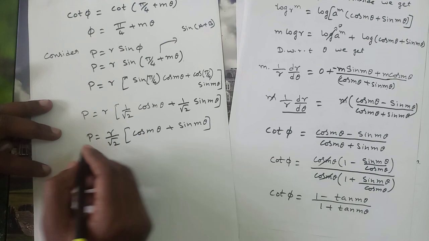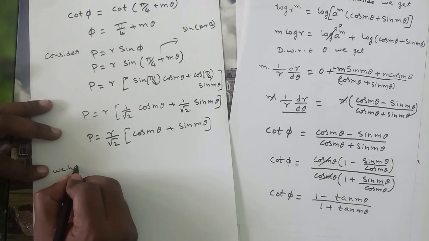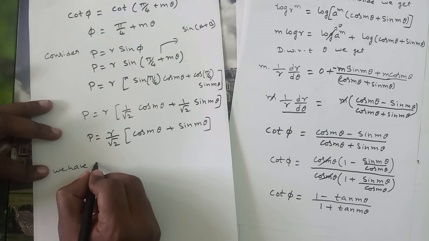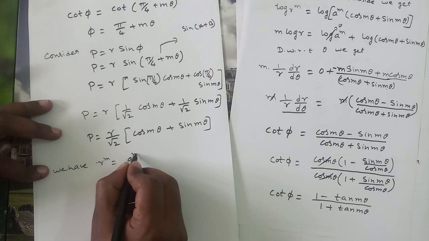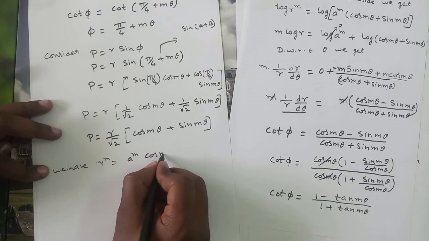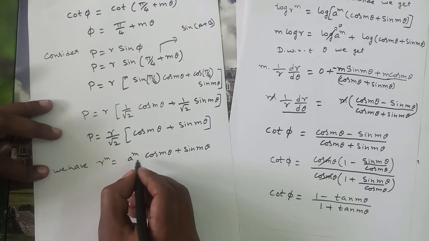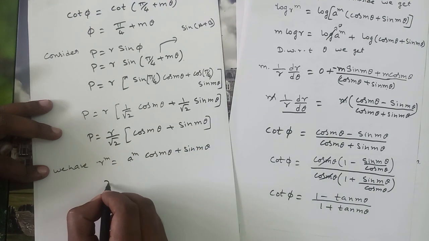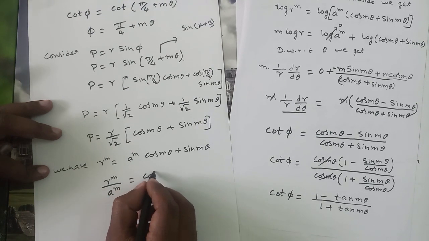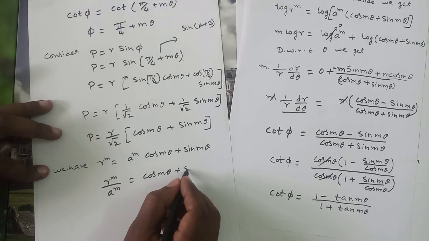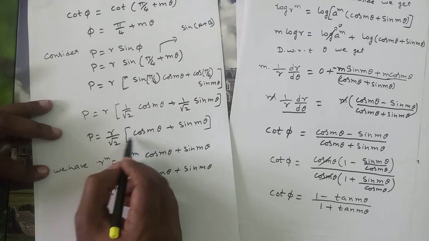Now here we have the curve r to the power of m equals a to the power of m into cos m theta plus sin m theta. Right, so I will take this to the right hand side: r to the power of m divided by a to the power of m equals cos m theta plus sin m theta.